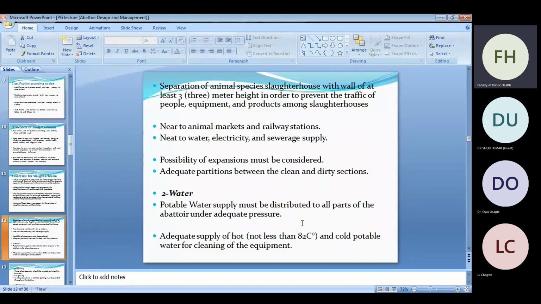In the slaughterhouse, there's a need to separate animal species with a wall at least 3 meters in height, in order to prevent traffic of people. To be able to guide people, they must enter through one location and go out through another location, not anybody goes in and comes out any way they like.